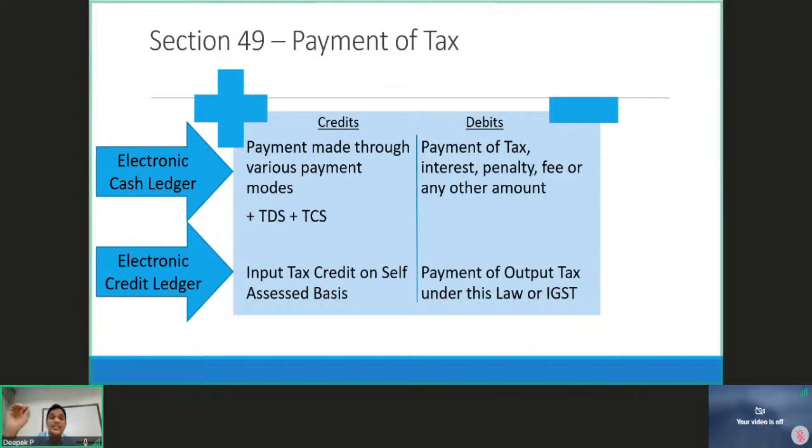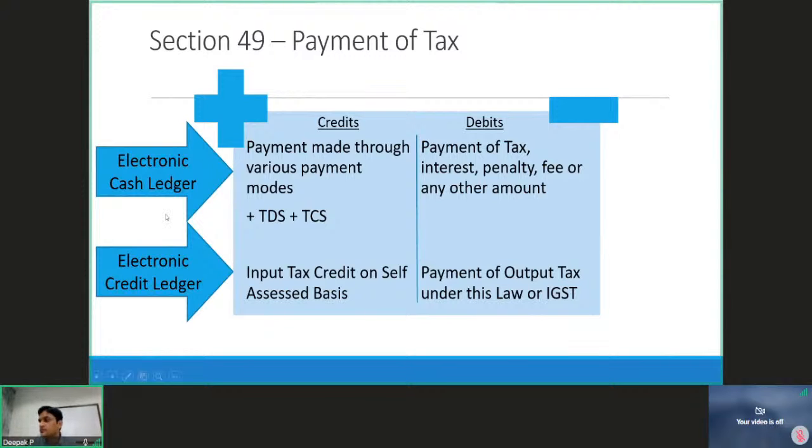Only those transactions like e-commerce operators, we were speaking the other day, e-commerce operators have to deduct TCS. When you are making any supply to government agencies, they have to deduct TDS. Those transactions, when deducted from the GST values, get credited here and not the income tax TDS and TCS.